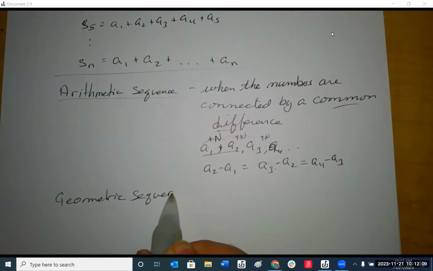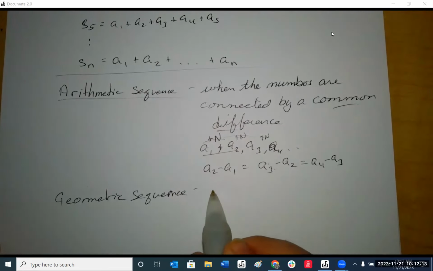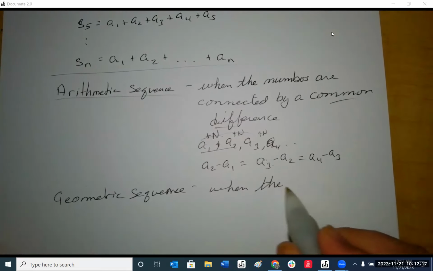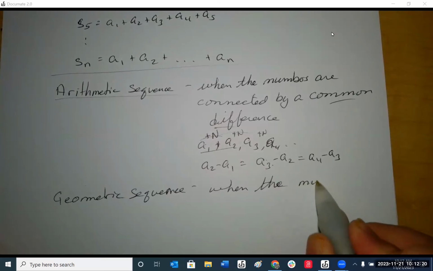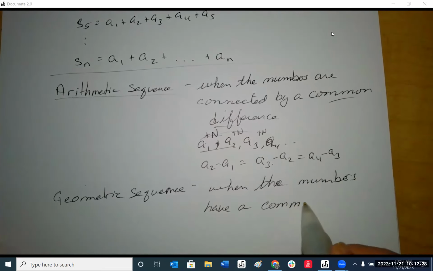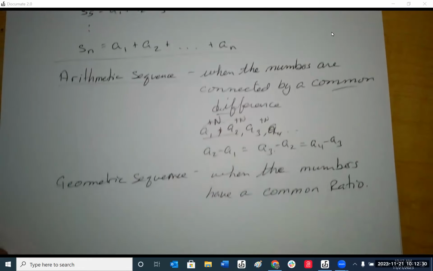And then we have a geometric sequence or series, when the numbers have a common ratio.